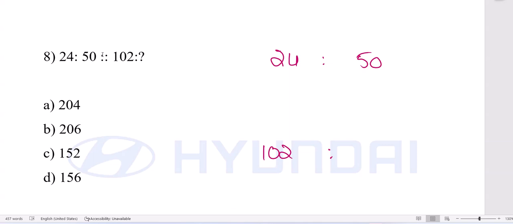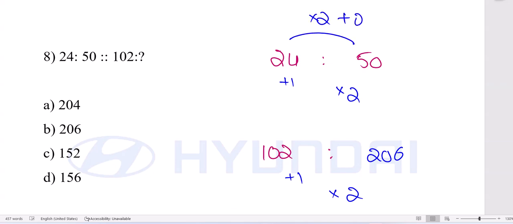Lot of logics, but here some people say plus 26, I'll add 26 here. The option is not there. Okay, fine. 206 is correct because double plus 2, or add 1 and then double. 24 plus 1 is 25. Increase by 1, then double. Here also increase by 1, then double, or multiply by 2, then add 2.